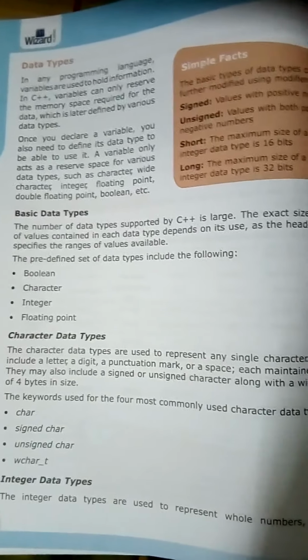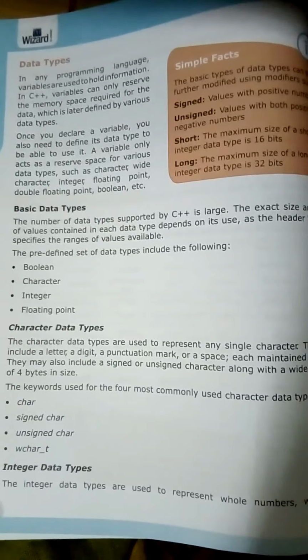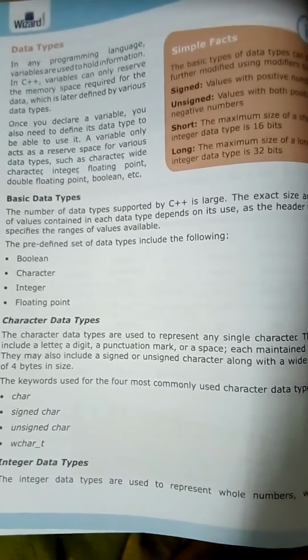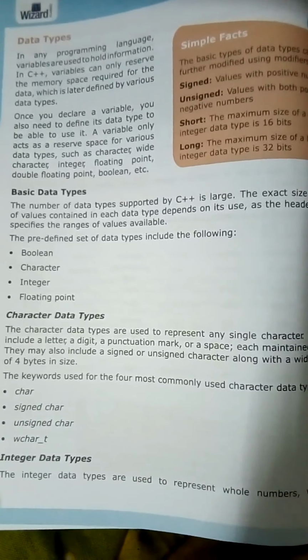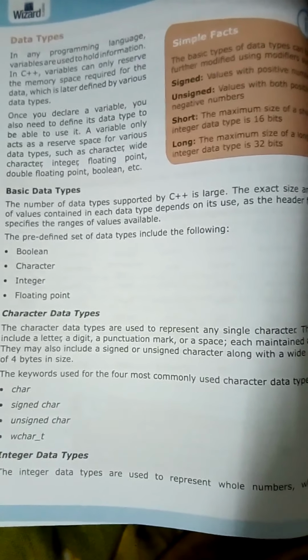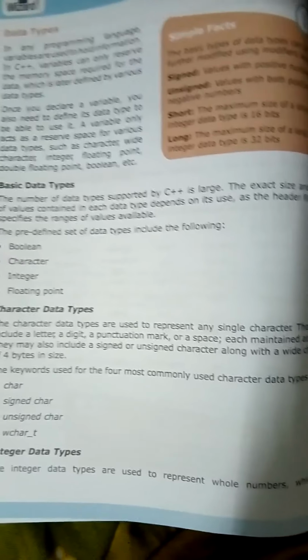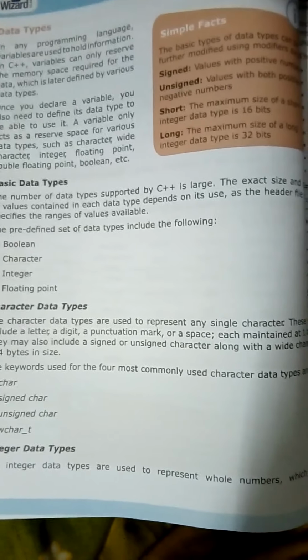So we have seen different data types. Basically we have seen four modifiers: signed, unsigned, short, and long. These are the data type modifiers.